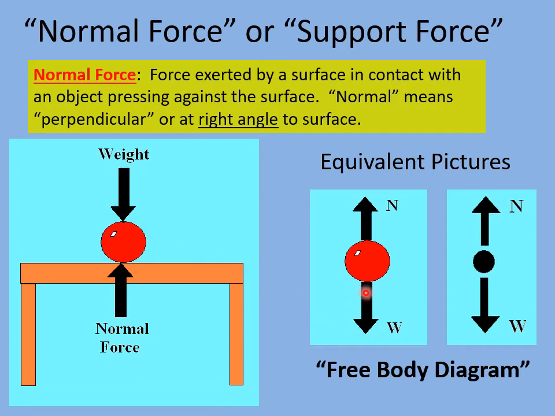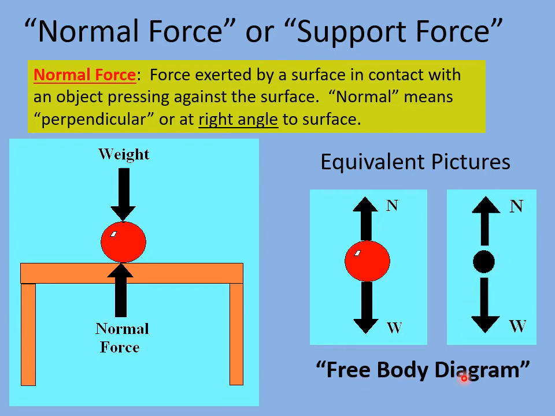Over here, the weight arrow is underneath the object, but the important thing is it's pointing downward. So that's all we care about. It doesn't matter where this arrow actually is. Likewise, the normal force points up. We can either show it underneath the object here, or equivalently, I can put the arrow up here, or in this picture it's shown, again, on top of the object. The key thing is the normal force points upwards.